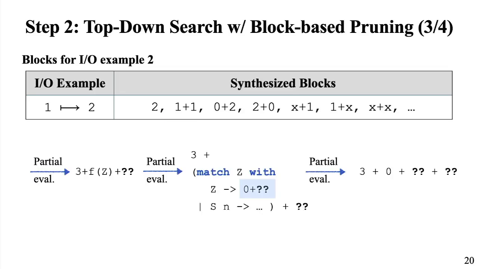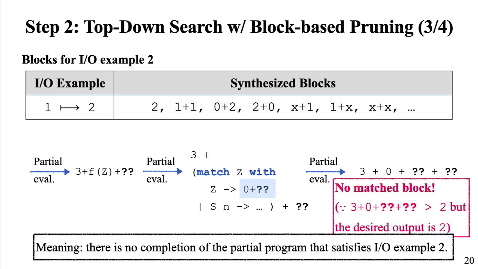Even on the left, you've got 3 plus f of z plus blank. If you treated f of z itself as a variable, you're still not going to be able to synthesize that because that's already greater than 2. So do you prune there as well, or do you only prune after you've fully expanded it out?